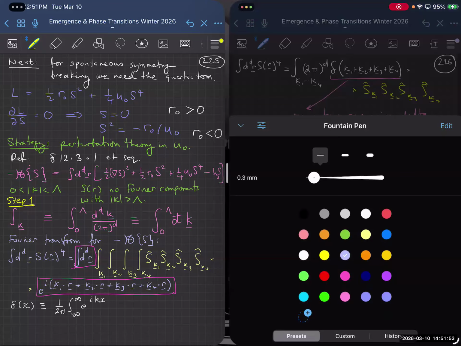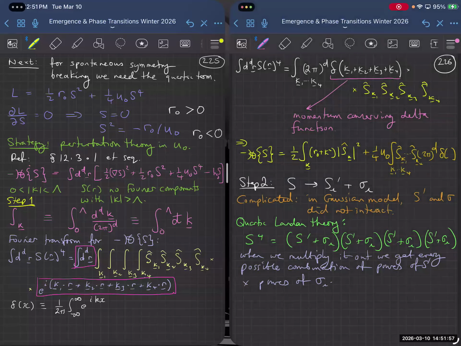But what that means is that we can see straight away that the form of our effective Hamiltonian is going to look something like this. It's going to be minus an effective Hamiltonian just for the SL prime fields. It's going to be an effective Hamiltonian just for the short wavelength degrees of freedom, the sigmas.